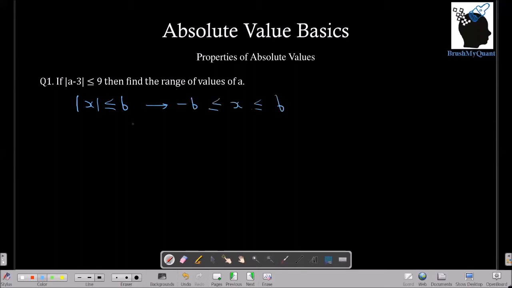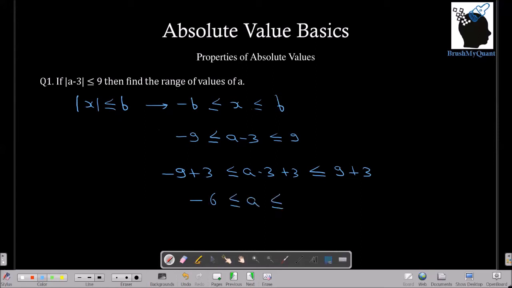So in this case, we can open this as a minus 3 lies between minus 9 and plus 9, and we can add 3 on all the sides to get minus 9 plus 3 is less than or equal to a minus 3 plus 3 is less than or equal to 9 plus 3, which is nothing but minus 6 is less than or equal to a is less than or equal to 12. So this is the range of values of a for which this absolute value will be satisfied.